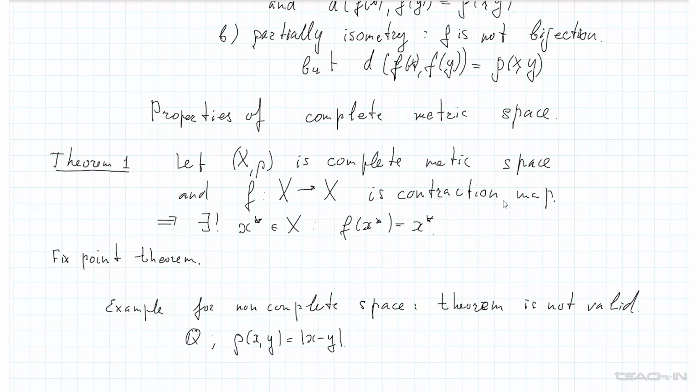For instance, take pi: the image of x is pi plus (x minus pi) divided by 2.